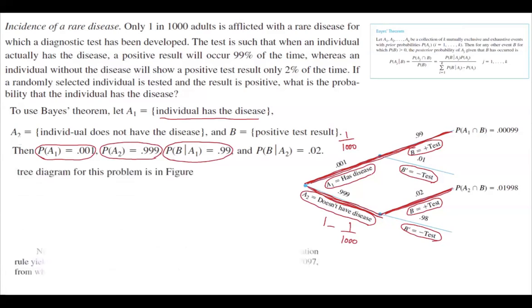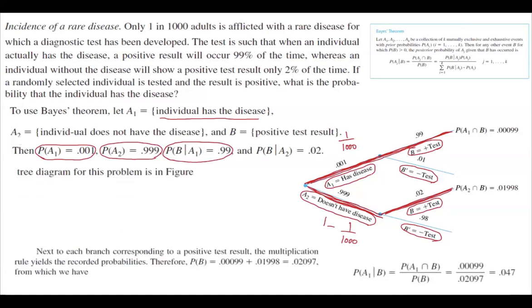And then note that the probability of A1, has the disease, and B, the positive test, is going to follow the conditional probability, that is the probability of A1 and B divided by probability of B. The probability of A1 and B is going to be 0.00099 divided by the probability of B, which is 0.02097.